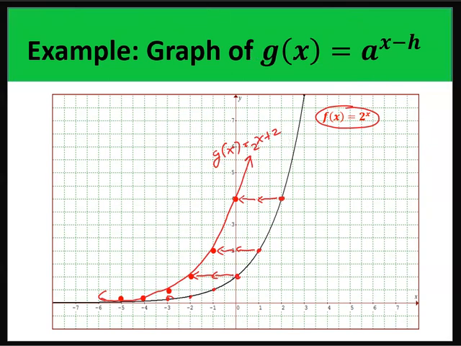Now, since there's a horizontal shift that happens, that means the properties of g of x equals 2 raised to x plus 2 may differ from the properties of f of x equals 2 raised to x. Let's identify which properties will remain the same and which are different.